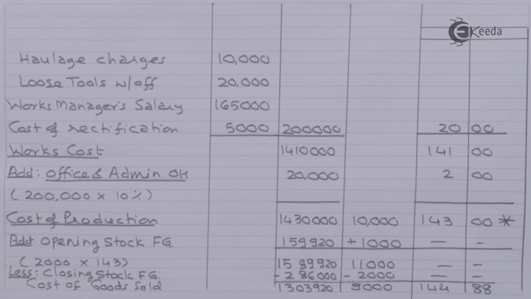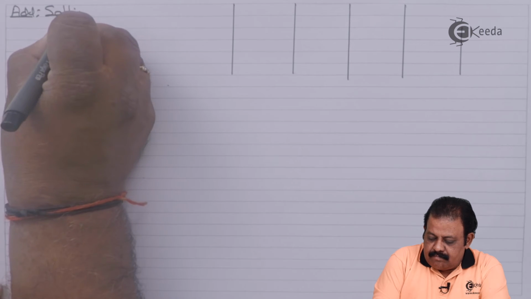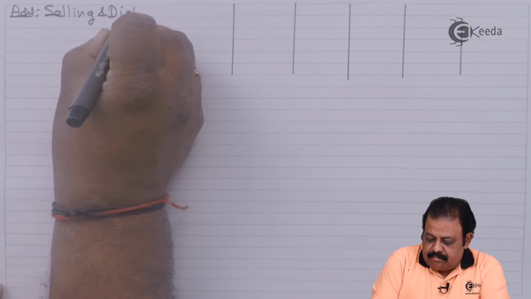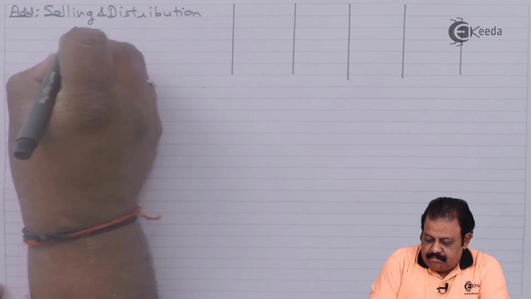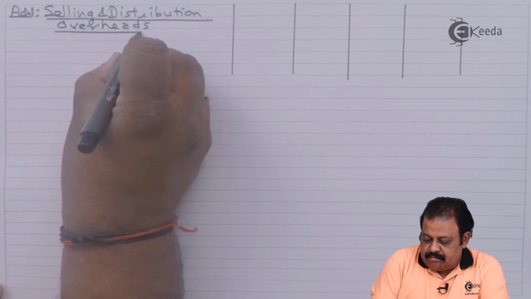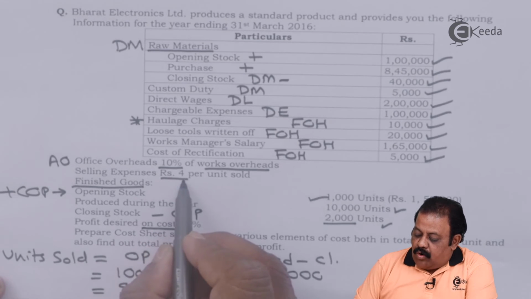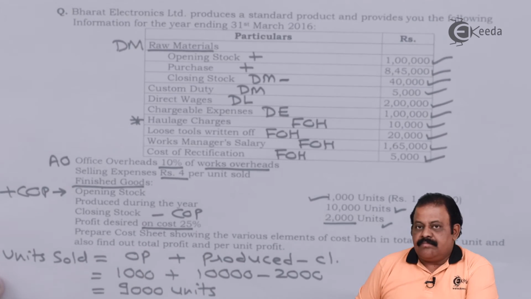After deducting it, we get cost of goods sold 13,03,920, and per unit it will be 144.88. To this we are required to add selling overheads. In question they have said selling expenses rupees 4 per unit sold.